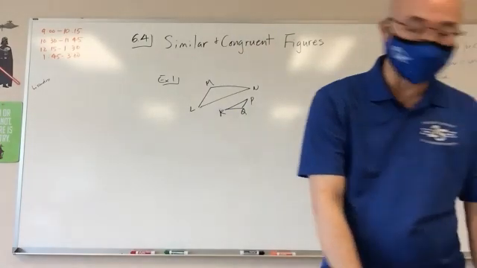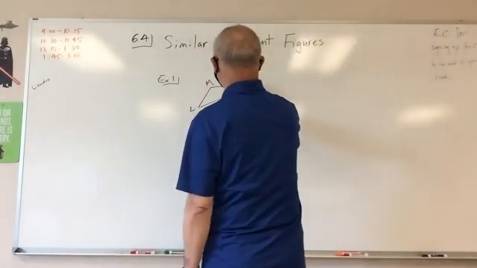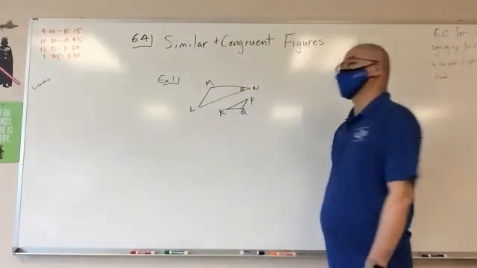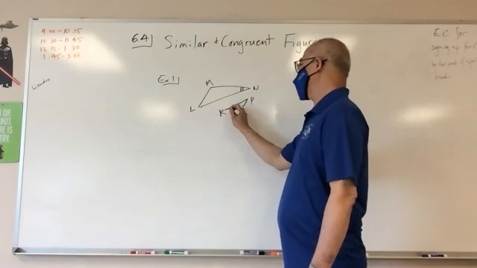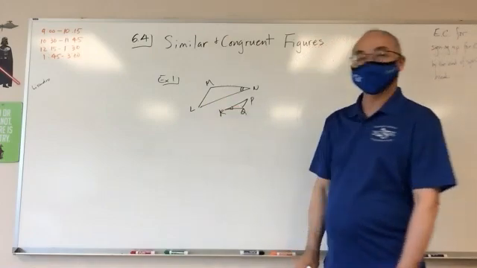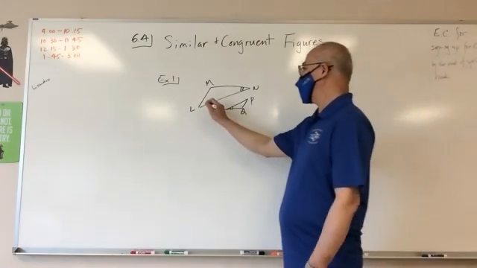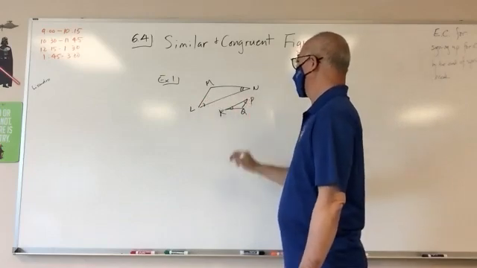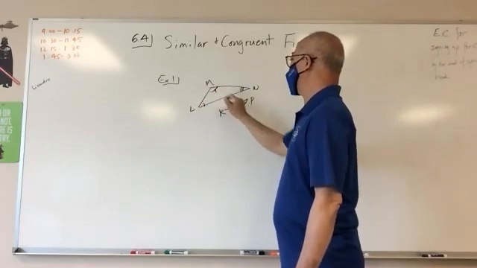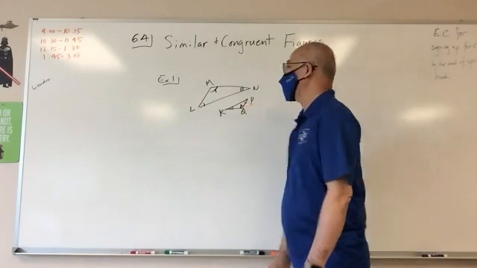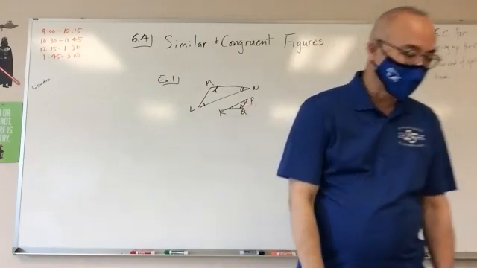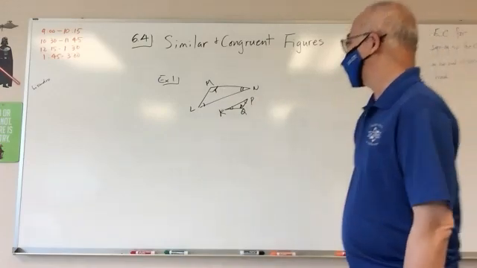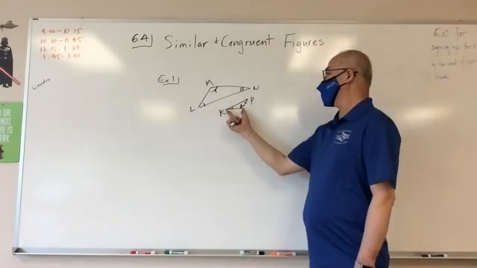What is the corresponding angle to angle N? Can anybody tell me which one that would be? R. It would be R over here. Good. L. P. L would be P. Good. And then this guy would be the one that's left over. It would be Q, right? So M and Q would be the same. All right? And the sides, so RQ would be what?